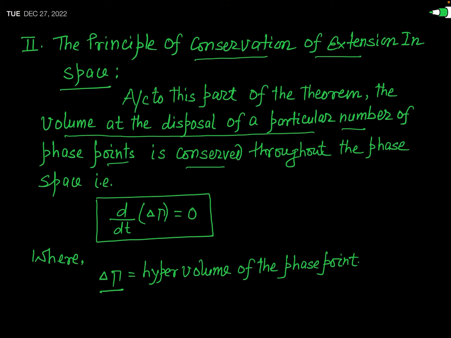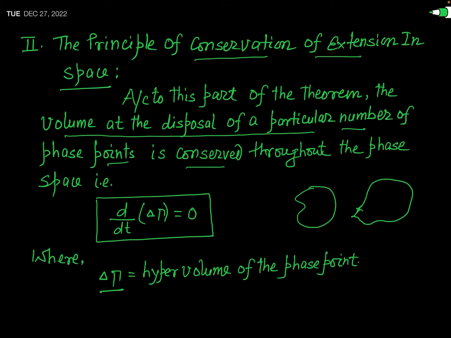It means you can see that if this is the boundary of a phase space, and in a particular region this boundary gets distorted like this, then definitely in another region it will also be distorted, and the amount of the volume which will decrease in one part of the region of a space, an equal amount will increase in another part.